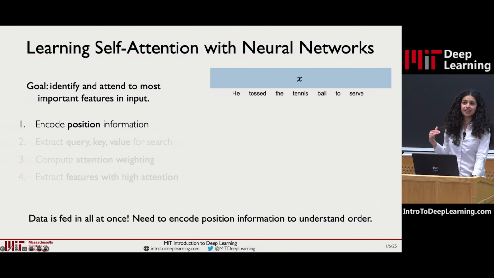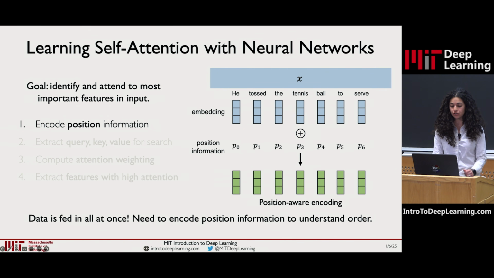We're going to feed in the data all at once, and still we need a way to encode some notion about order. So what we're going to do is put in an embedding called a positional embedding that effectively gives us a way to encapsulate the relative position of these elements in that sequence.